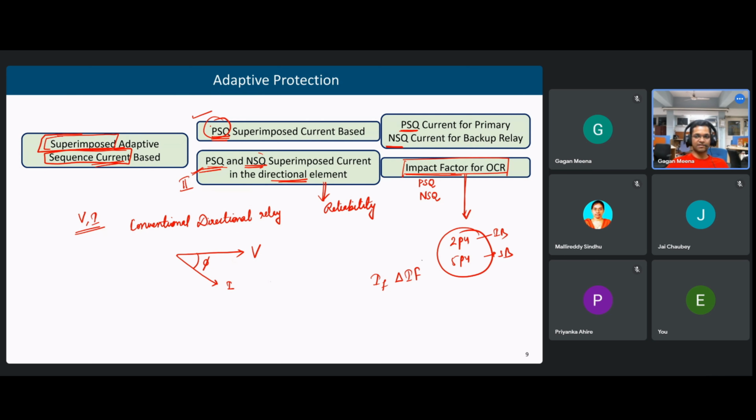Because for inverter-based DGs the current is less, only 2 per unit, we want to increase it. So this impact factor in case of inverter-based DGs will be more than 1, so that the fault current is increased. Similarly, in synchronous-based DGs, we may need to reduce the fault current, so the impact factor is less than 1.